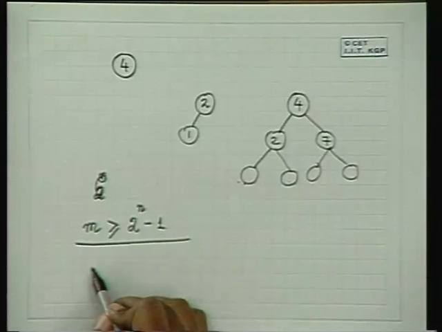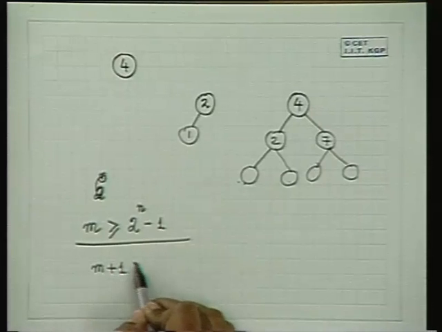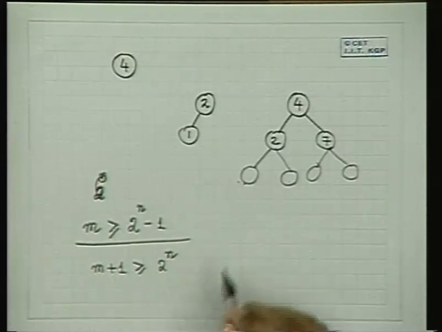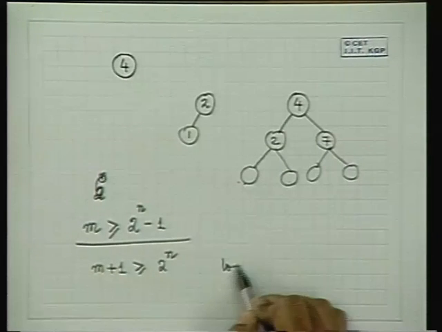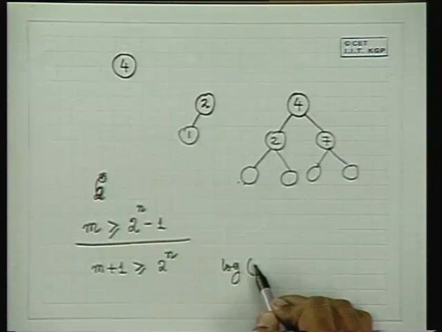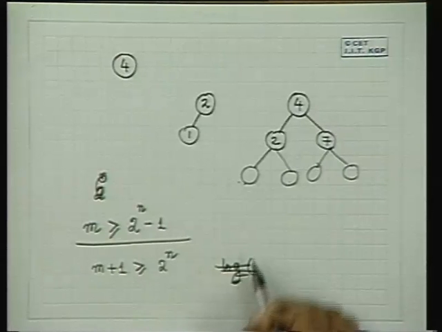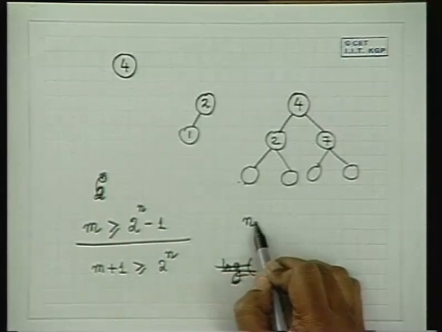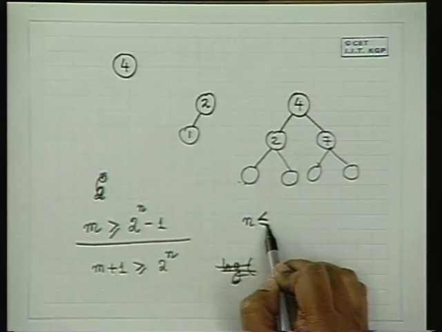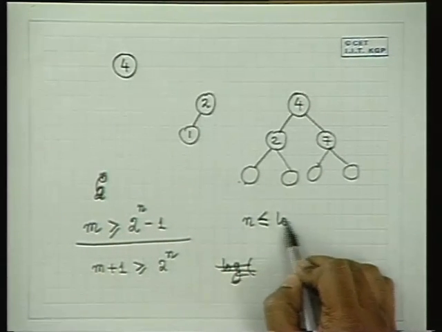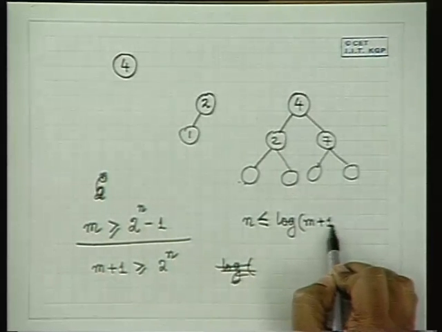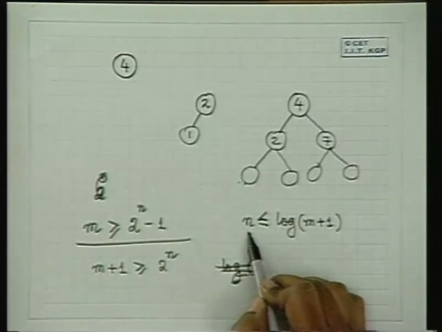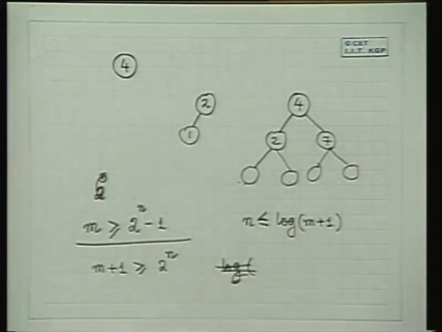So what is m? m plus 1 must be greater than or equal to 2 to the power n. So what can you say about n and m plus 1? n must be less than or equal to log of m plus 1. So the best case height will always be bound by log of m plus 1.